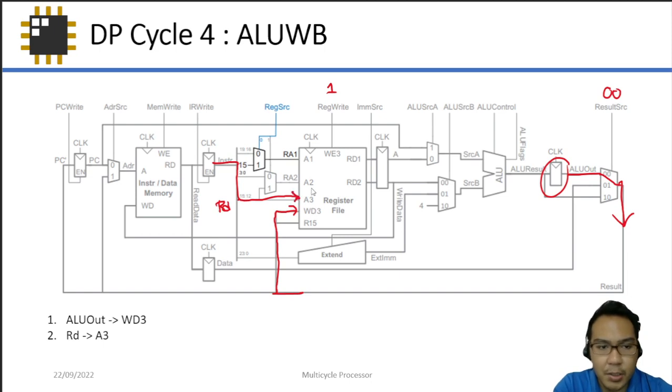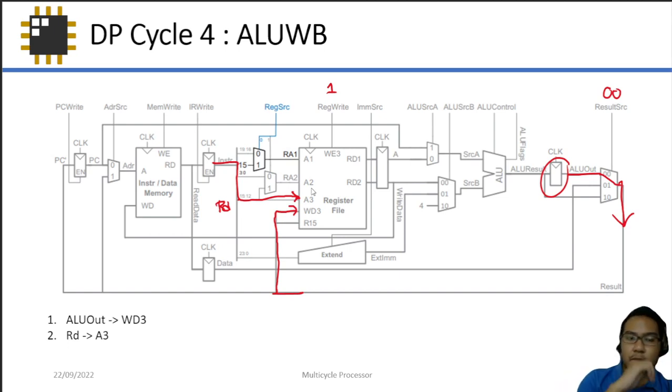We never asserted IR write at any point in time after we first fetched the instruction. So that's still going to be fed into that. And that's basically all the control signals needed for data processing cycle 4.